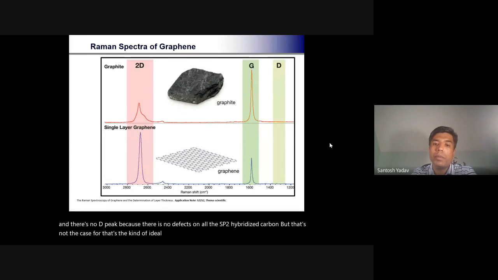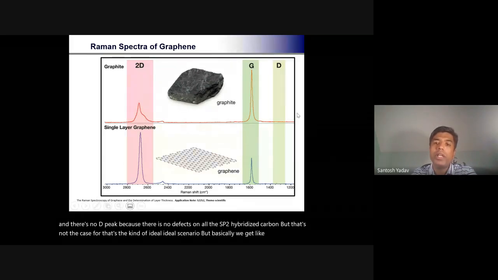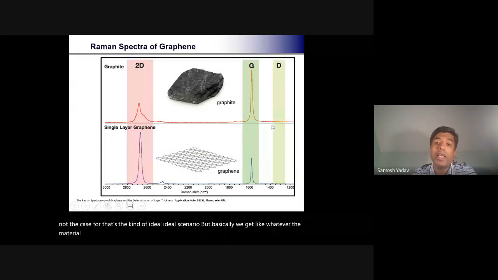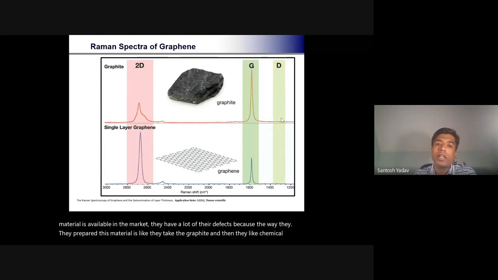Basically, whatever material is available in the market has a lot of defects, because the way they prepare this material is they take the graphite and then chemically exfoliate it, or use some kind of physical exfoliation, or a combination of chemical and physical.